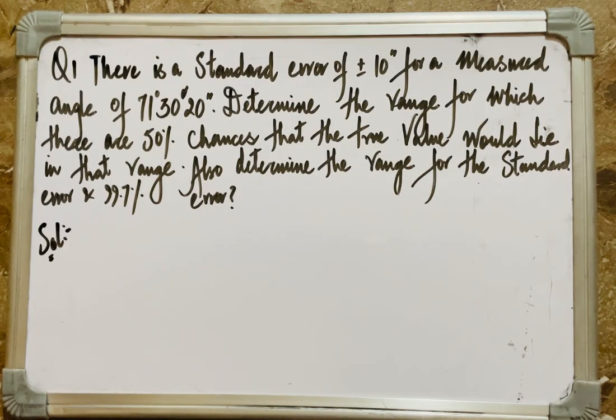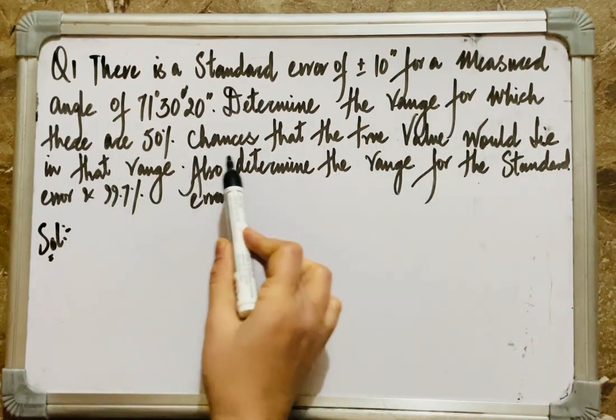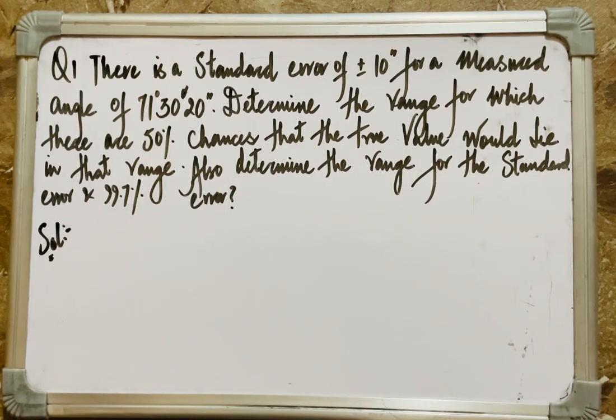In other words, the probability of the true error being less than the probable error is 50%, and the probability of the true error being greater than the probable error is also 50%. So the range for which there are 50% chances that the true value would lie in that range is given by calculating the most probable error.